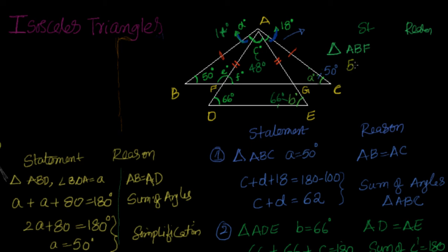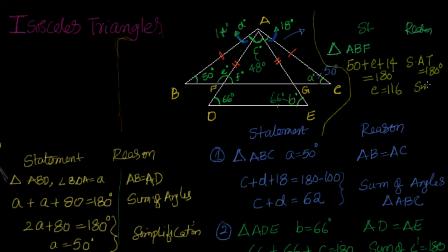That is 50 plus E, we don't know what E is, plus D we know 14, equal to 180. What is the reason? Sum of angles of a triangle equal to 180 degrees. This simplification will give me E equal to 116.